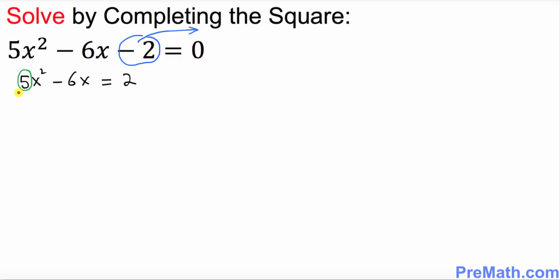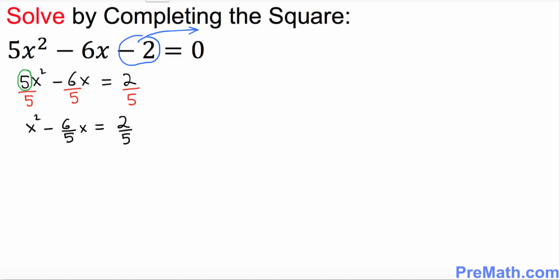By simply dividing by 5. If you divide this one by 5, we must divide by 5 across the board. So our problem is going to look like x squared minus 6 over 5 x equals 2 over 5.